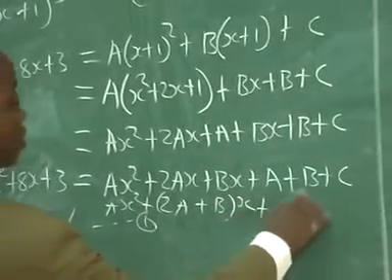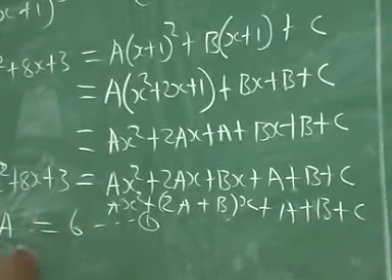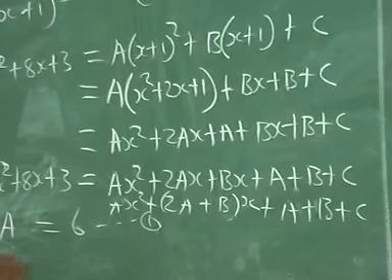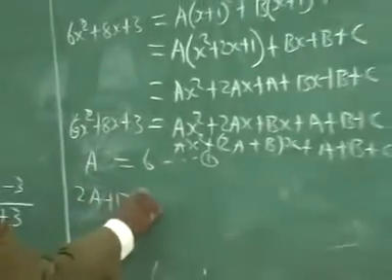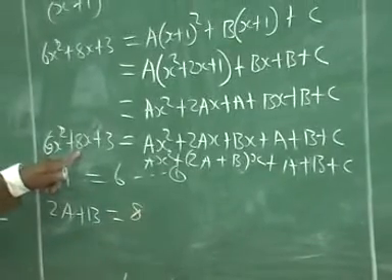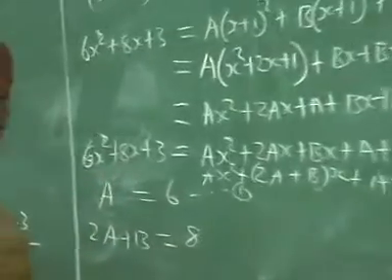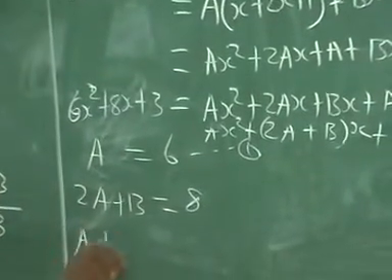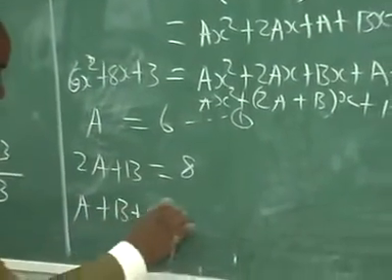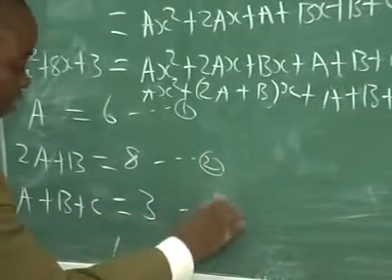Then a plus b plus c. So that will give us 2a plus b is equal to 8 because the coefficient of x on this side is 8. Then for the constants, we have a plus b plus c is equal to 3. So we have 3 equations.